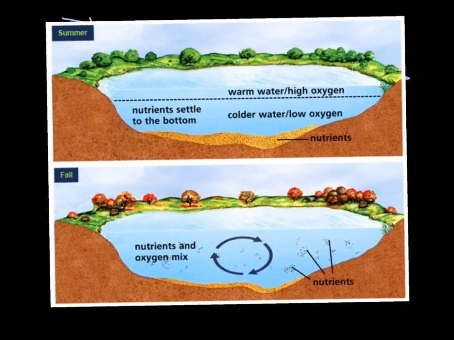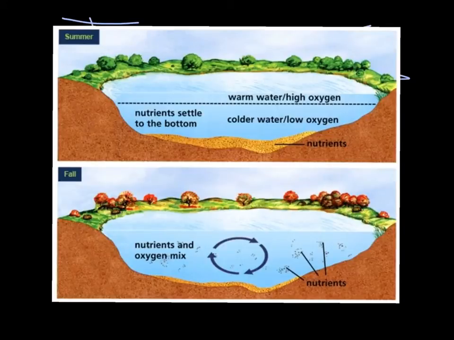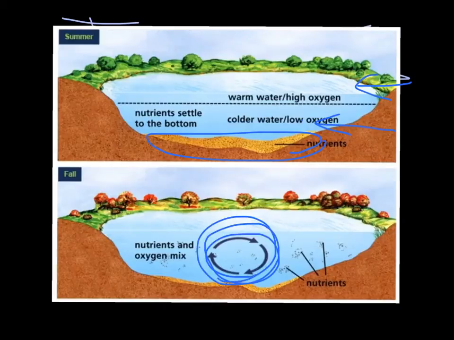Okay, so in summer, you're going to see warm water, which is high in oxygen, at the top of the lake. And colder water is low in the lake, and you're going to have nutrients at the bottom because they're settling down. However, in the fall, the nutrients and oxygen are going to move throughout the lake because you're going to have a change in temperature.